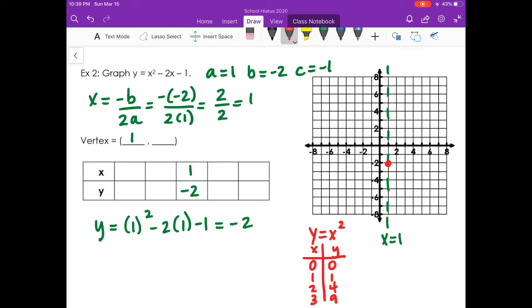So after I plot the vertex at 1, negative 2, that represents 0, 0, I'll move to the right 1 unit and up 1 unit, and then I'll place my pen back at the vertex and move to the right 2 units and up 4 units. After that, I'll move to the right 3 and up 9. Once I've completed the right side of the graph, I'll reflect it across the axis of symmetry to complete the other half of the graph.